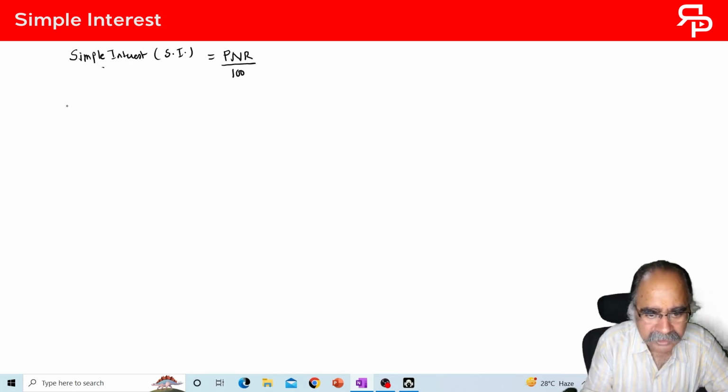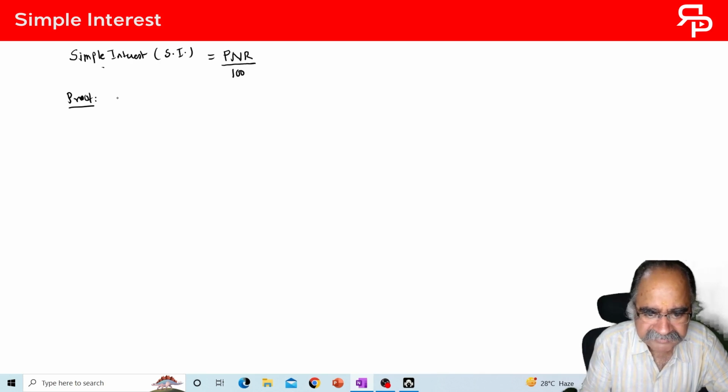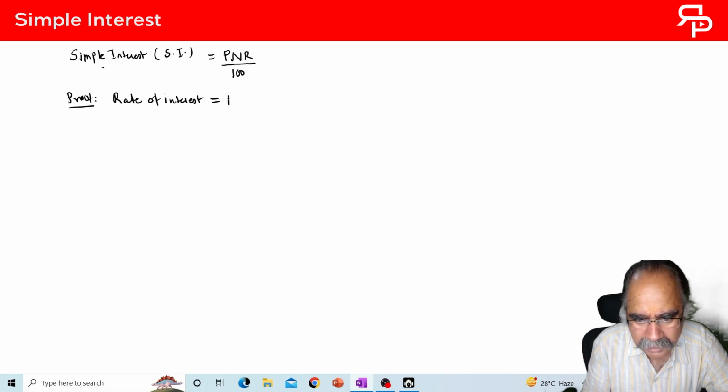Now see how the formula has come. When we say rate of interest is R% per annum, the entire secret of the formula is hidden in this.